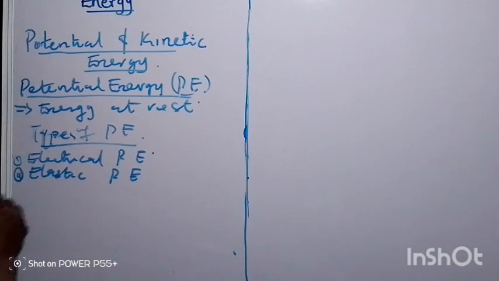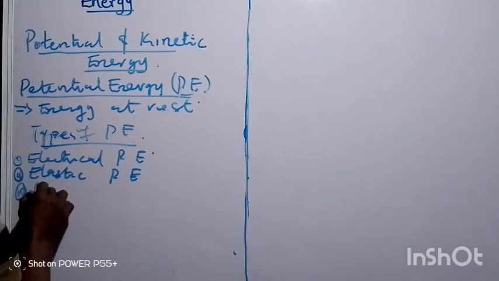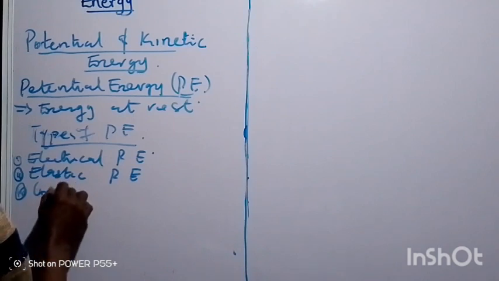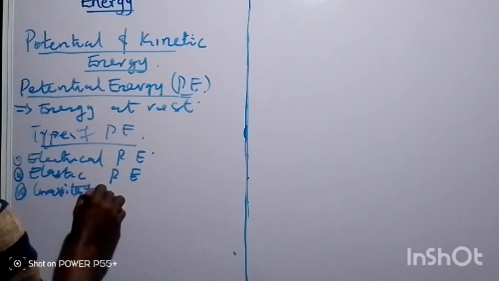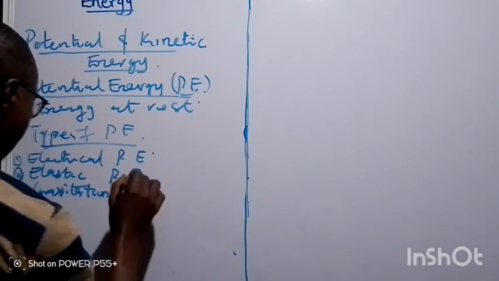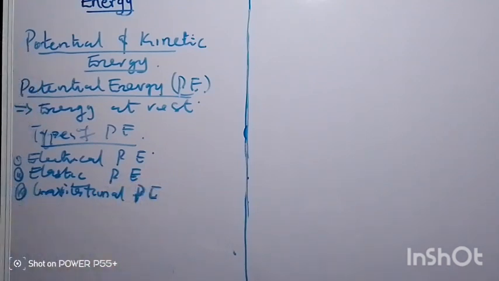We have three, gravitational potential energy, that is energy possessed by a body or a mass on the surface of the earth. We call it gravitational potential energy.